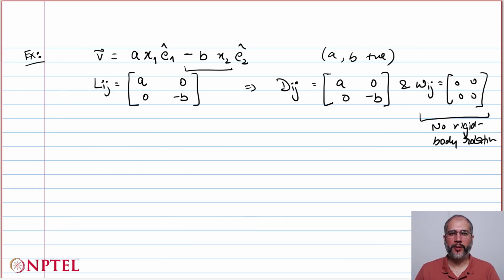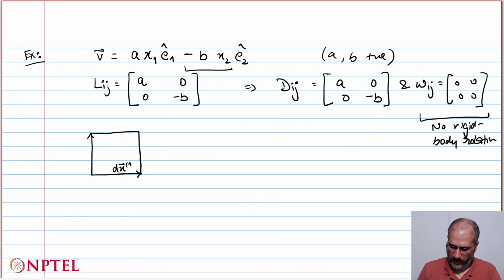So if there's no rigid body rotation, then all we can have is D. So let us look at an element which was made up from this dx1 and dx2 vectors.